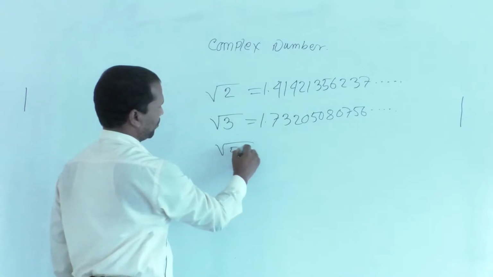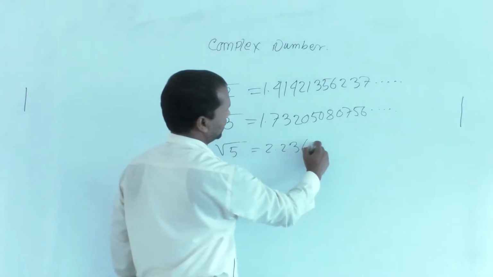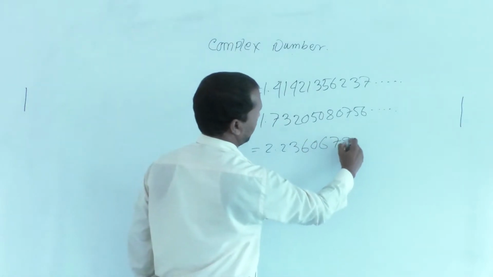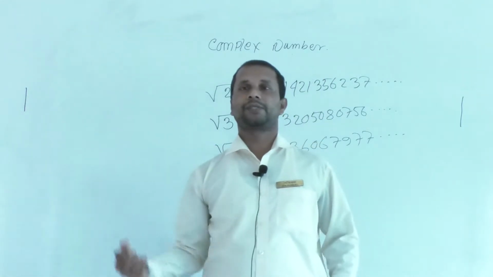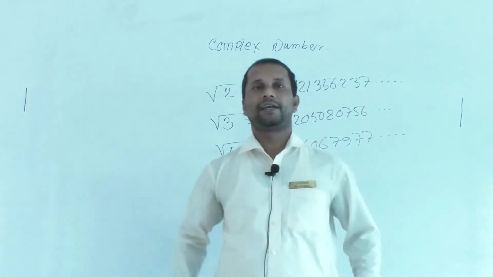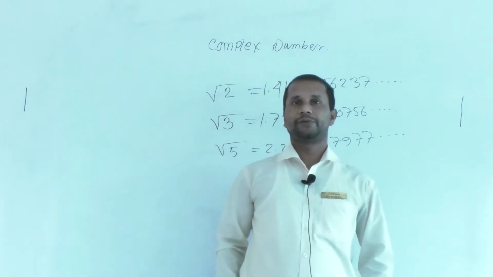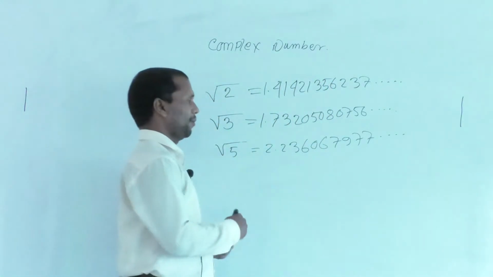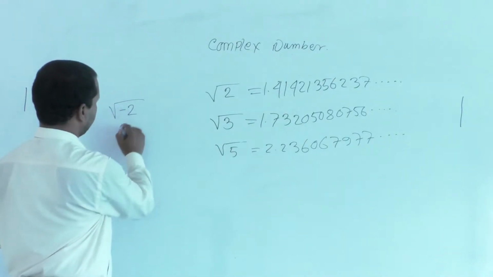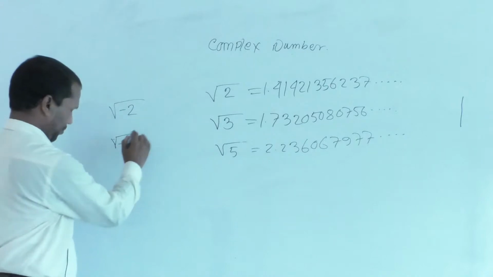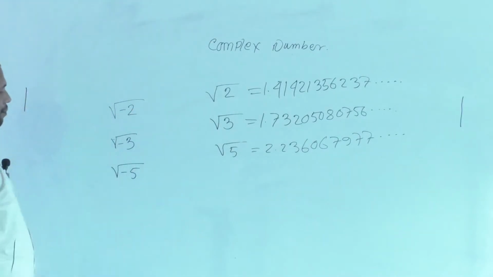Similarly, the value of root 5 is 2.236067977 and so on. In this process, we can find the value of root 100, root 121, root 139 as you wish. But if I ask you what is the value of root over minus 2, root over minus 3, root over minus 5.